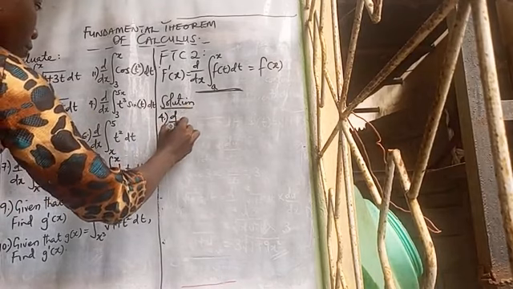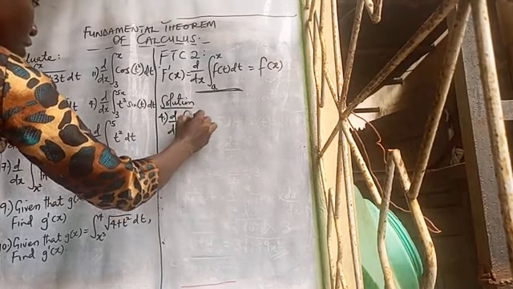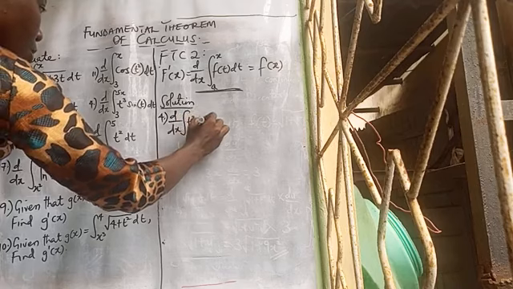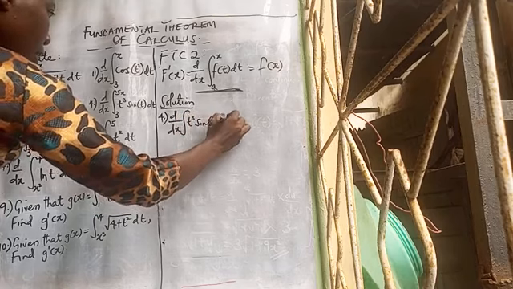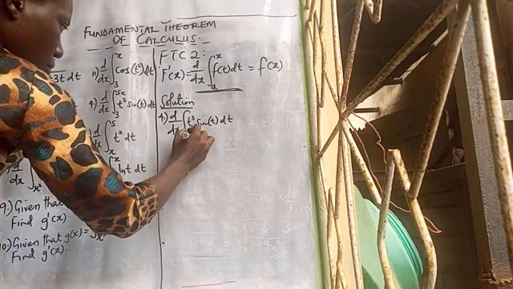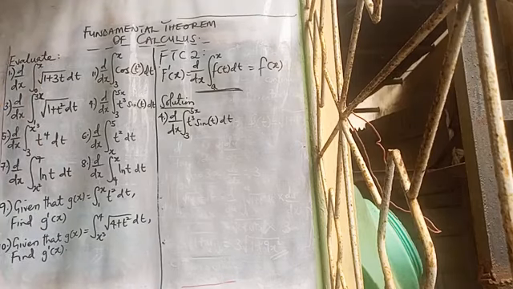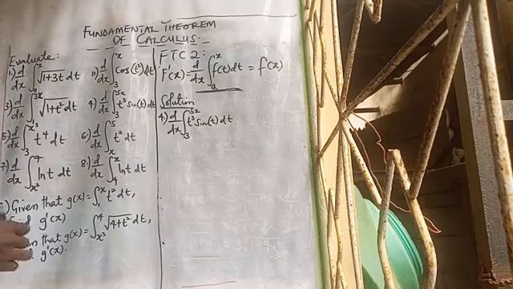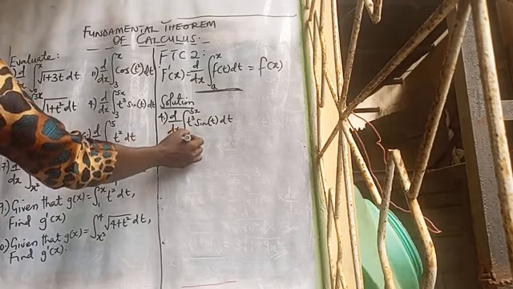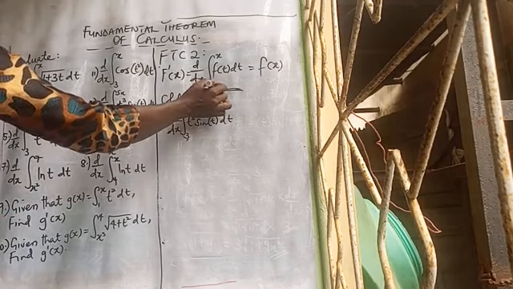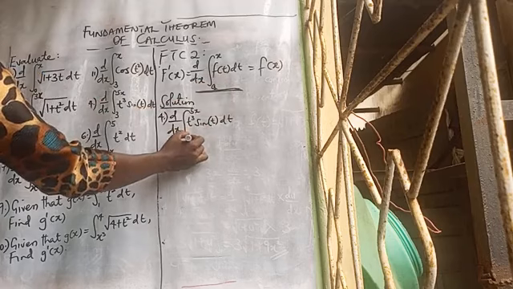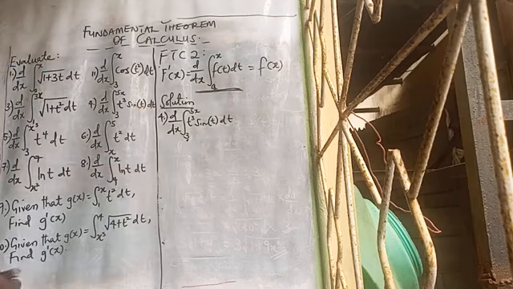They are taking the derivative of the integral of t cubed sine t dt from 3 to 5x. Again, as we did before, remember I said that the lower limit must be a constant, as we have seen that our a is a constant 3.